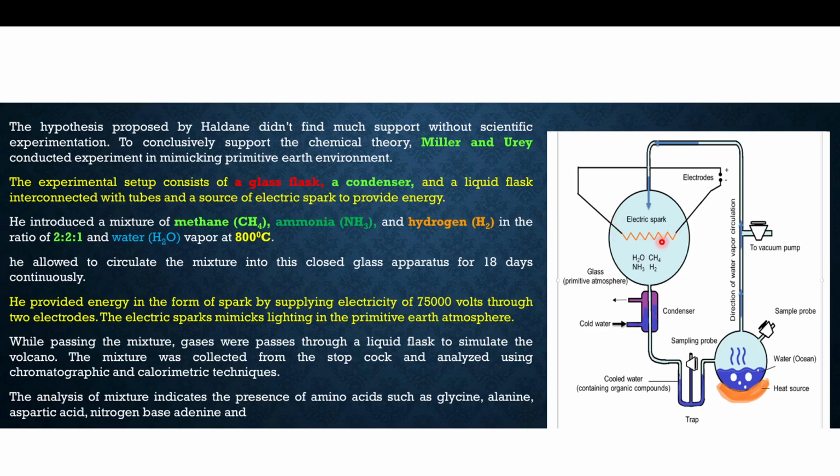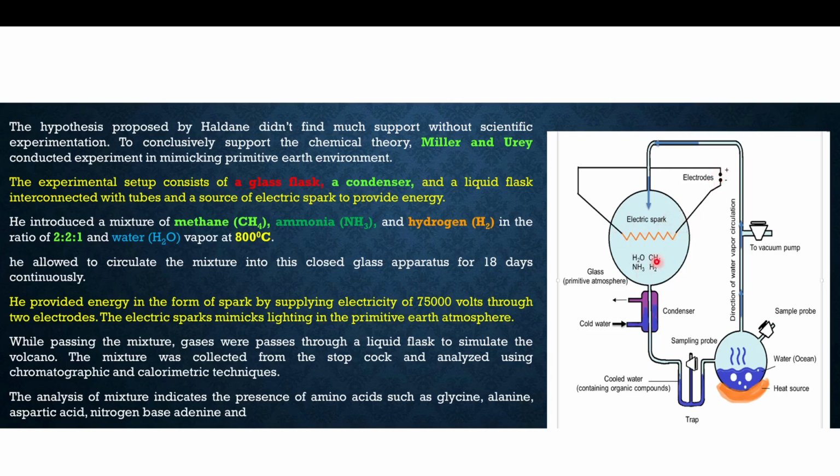A mixture of gases, methane, ammonia, and hydrogen, was introduced in the ratio 2 to 2 to 1, along with water vapor at 800 degrees Celsius. The mixture was enclosed in the glass apparatus for 18 days, and energy was provided in the form of spark, supplying electricity via these electrodes here.